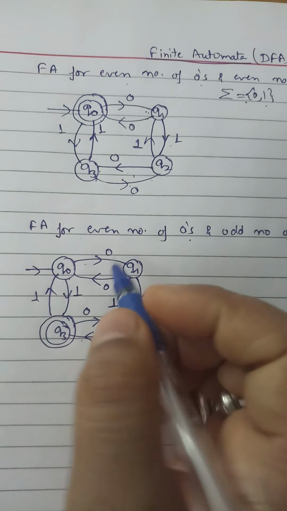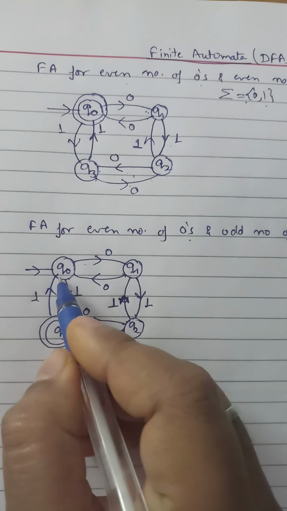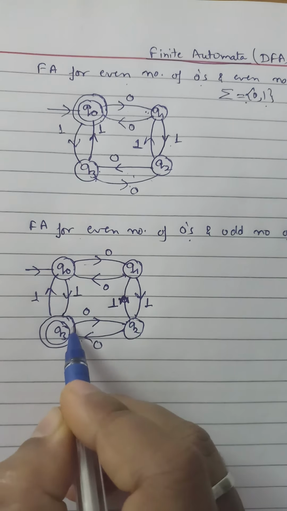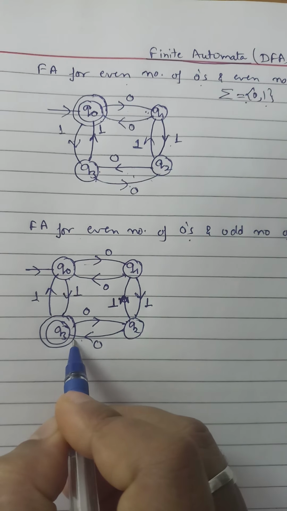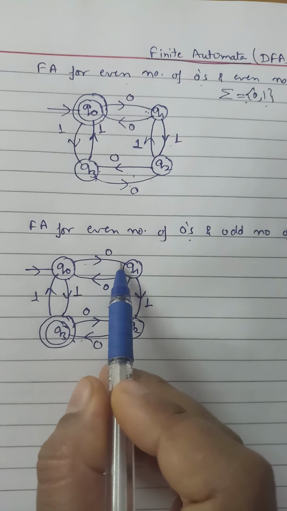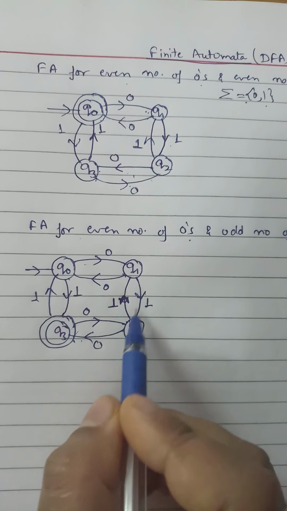Let's check. We will get odd number of ones and even number of zeros in this way also, and in this way also we will get 1, 0, 1, 1, 2 zeros. So even number of zeros and odd number of ones.